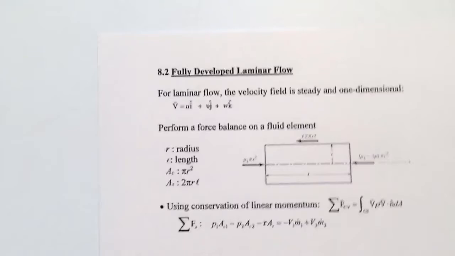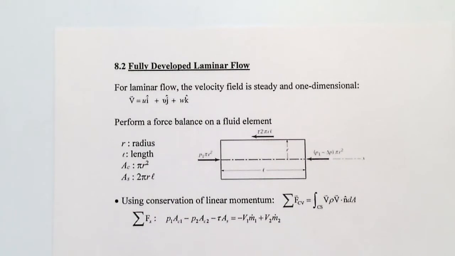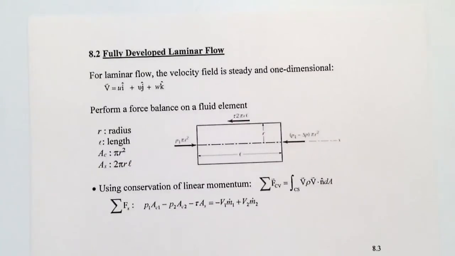But what we are going to do here is find the velocity profile and the forces, because after fully developed laminar flow, which we are going to talk about right after this, we are not talking about the entrance, because the entrance is not steady and only takes a length of the pipe. For example, you have a pump, the flow is at rest, then the pump pumps the flow inside the pipe.